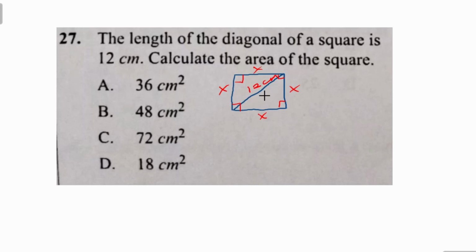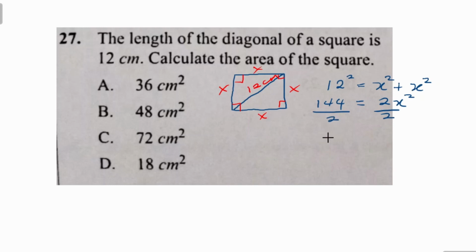So taking the Pythagorean theorem, it means that the hypotenuse, which is 12 squared, is going to be equal to x squared plus x squared. And 12 squared is 144, equal to 2x squared. We're solving for x, so the first thing will be to divide through by the coefficient of x squared, which is 2. So divided by 2, whatever we do to the right, we do to the left.